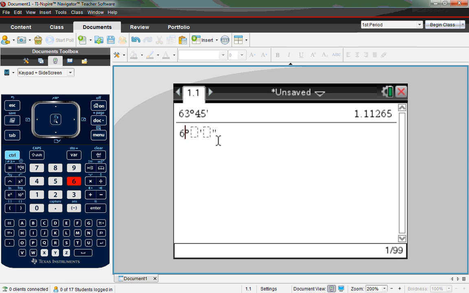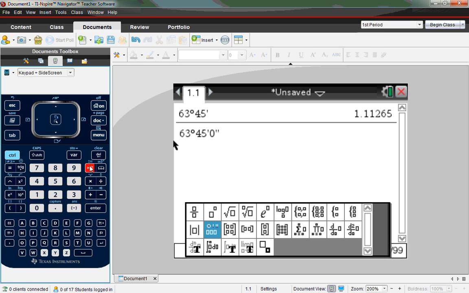You simply type in 63, arrow to the right, 45, arrow to the right, and 0. Number key to the right of the number 9, second row, second column. Okay?